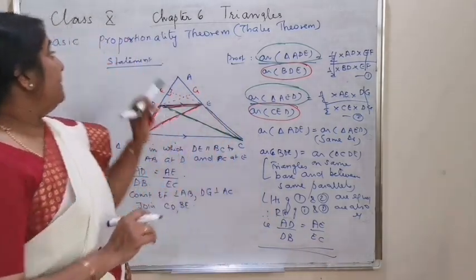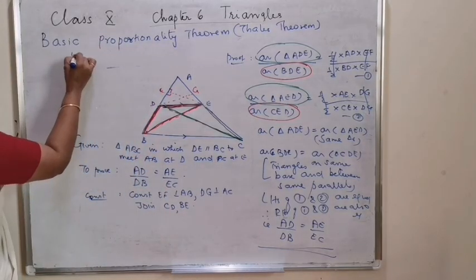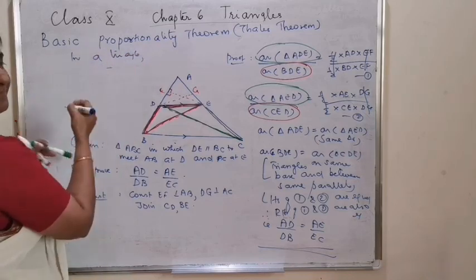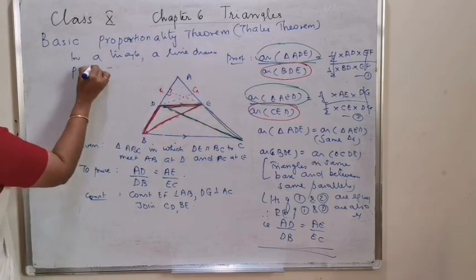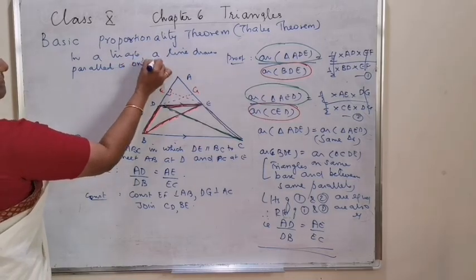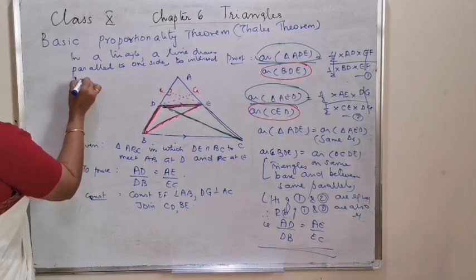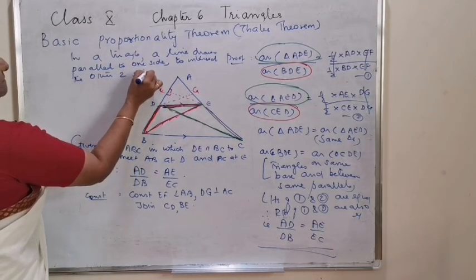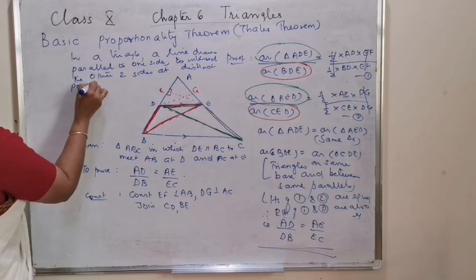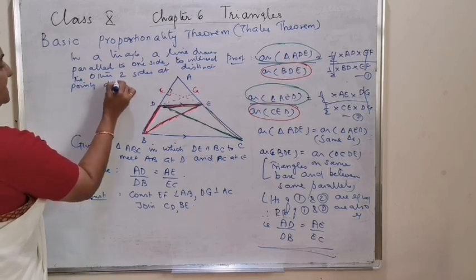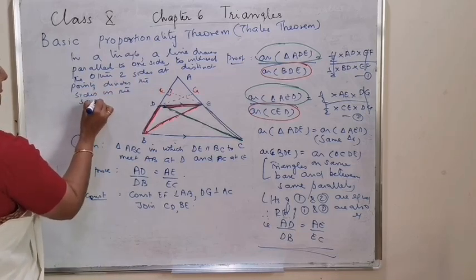That is, the basic proportionality theorem states that in a triangle, a line drawn parallel to one side to intersect the other two sides at distinct points divides the sides in the same ratio.